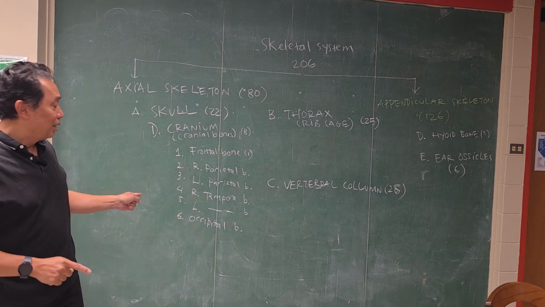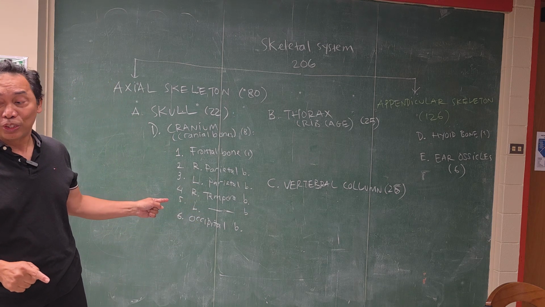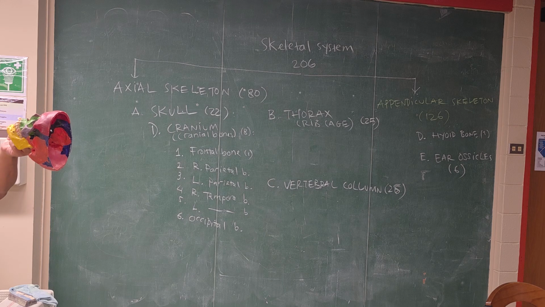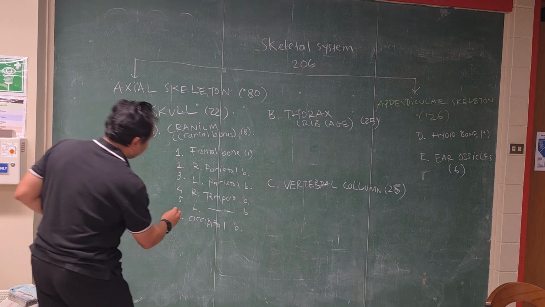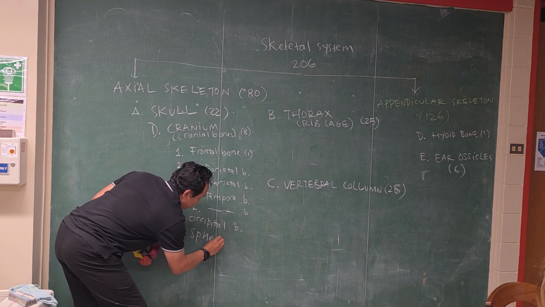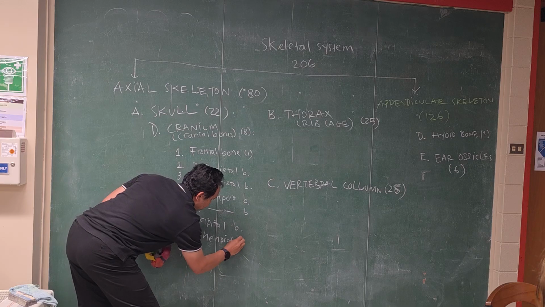Now, 6. Where are the 2 more? For the 2 more, you have to open the skull, I mean, the cranium. You're going to see a bone over here that looks like a butterfly. It's actually in the front. See that black one? That bone is called the sphenoid bone.